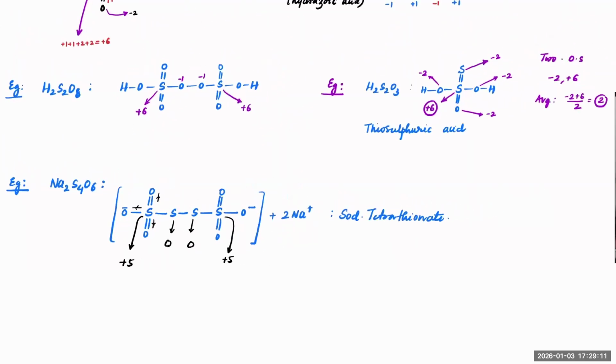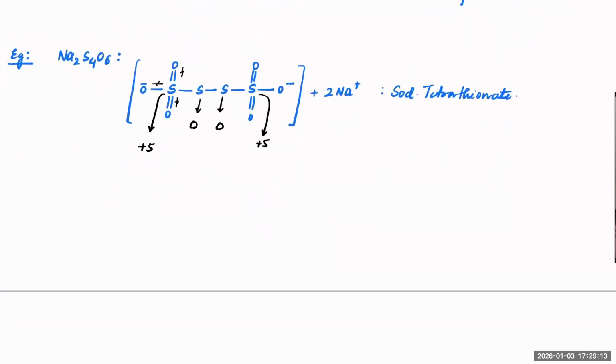These are mainly structure based. That's why if you notice, there are two different types of sulfurs here. One sulfur possessing 0 oxidation state, other one having plus 5 oxidation state.